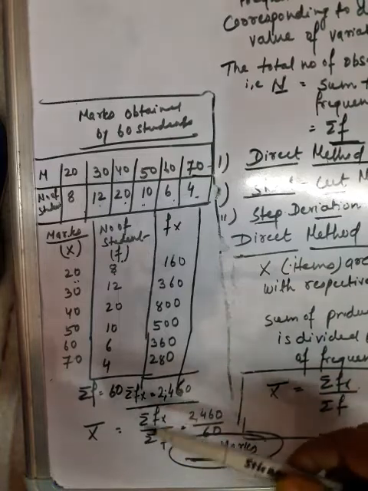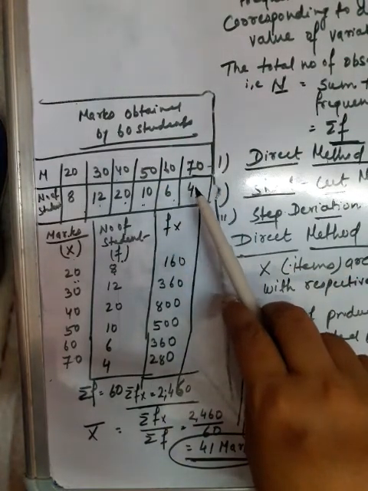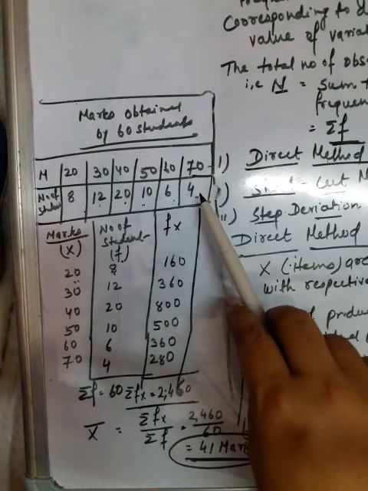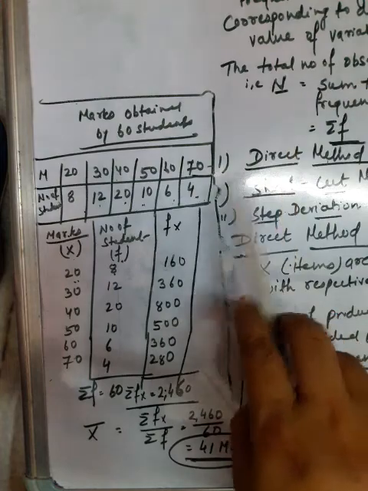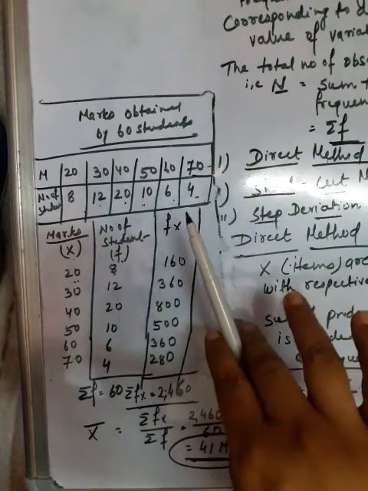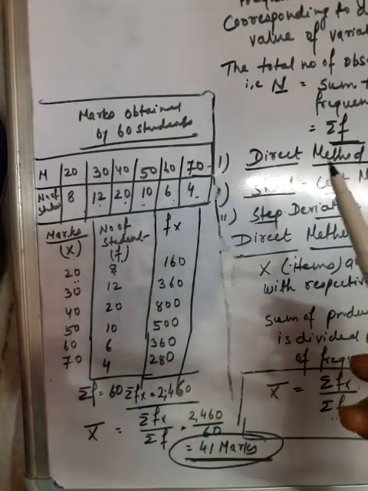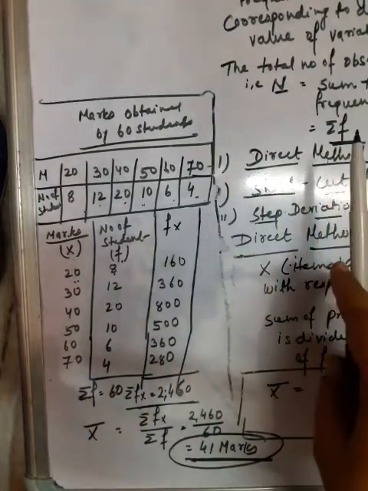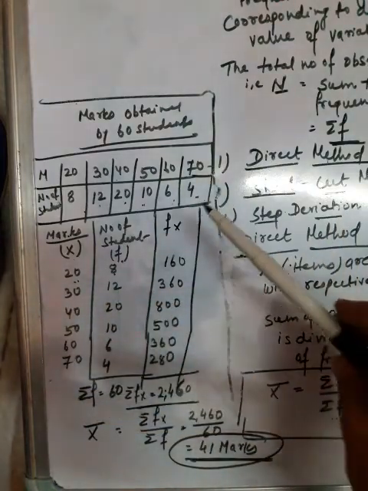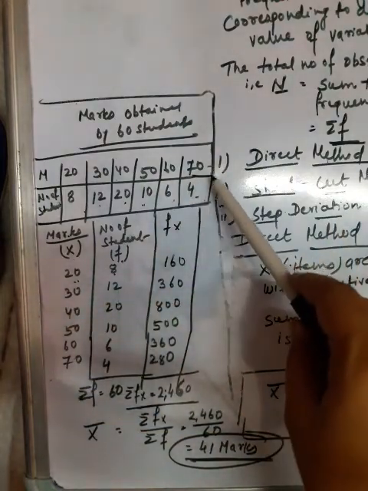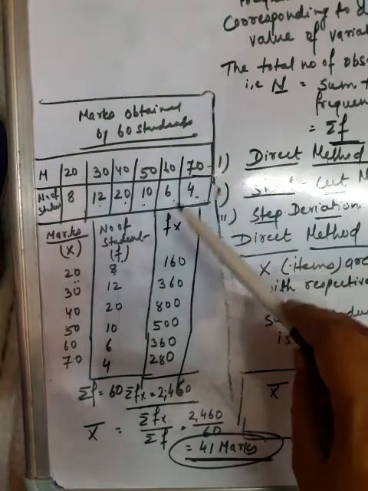Suppose this is the data and you want to find average or mean with the help of shortcut method or step deviation method. Result will be equal whichever method you use, whether direct method, shortcut method or step deviation method on a single data.